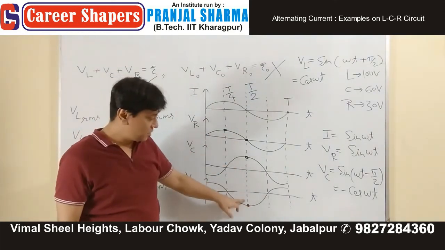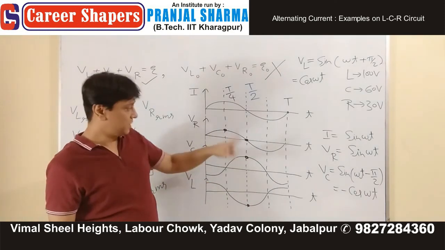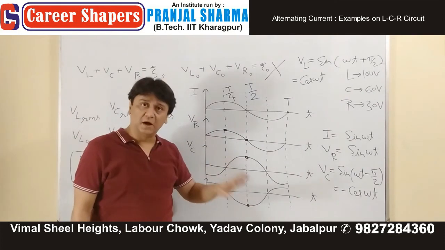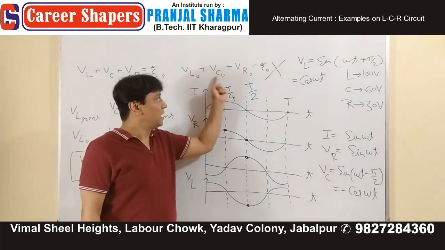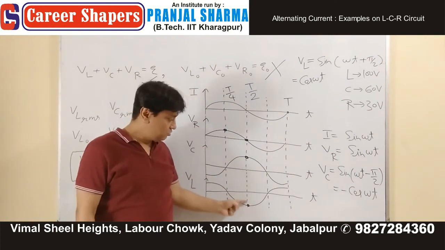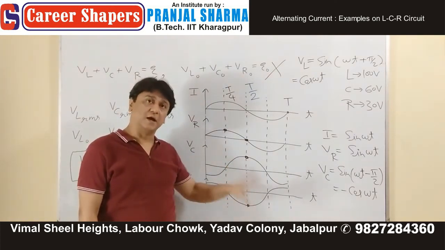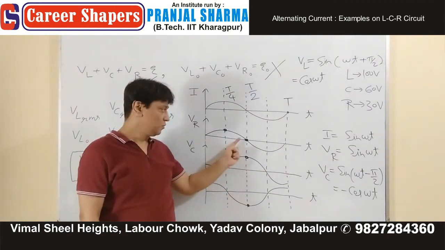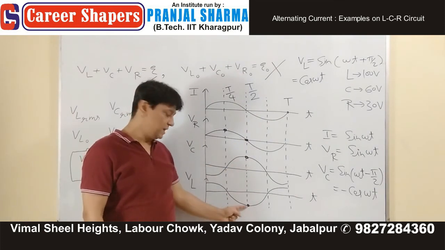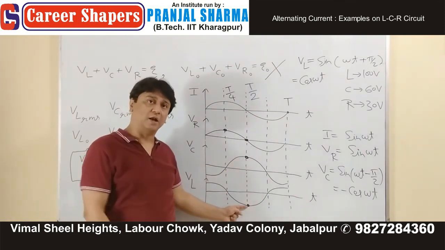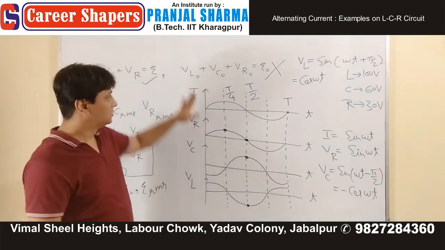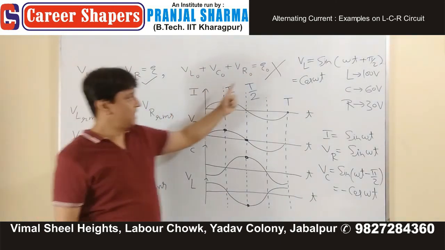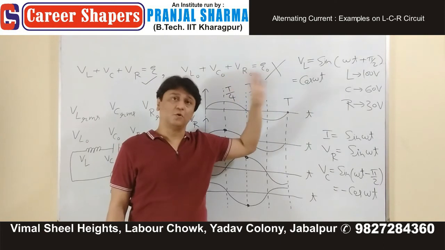These values cannot be added. Sorry, instantaneous values you can always add, but the argument is that peak values do not take place at the same time. When VC is maximum, VR is not. VL is, but on the opposite side, that's a negative value. That's the reason you do not add peak values for finding the peak value of the source EMF.